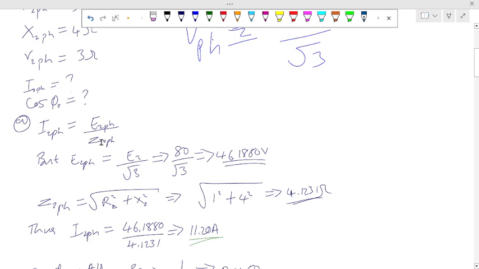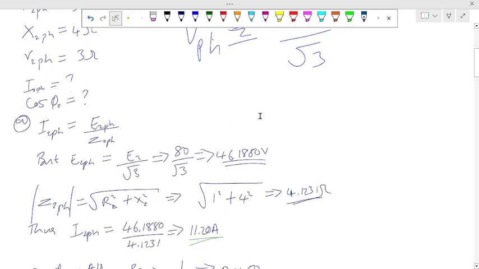Now what about the impedance? Like I said earlier, when we need the magnitude, we take the square root of R squared plus X squared. We've done how to derive this expression in previous videos.